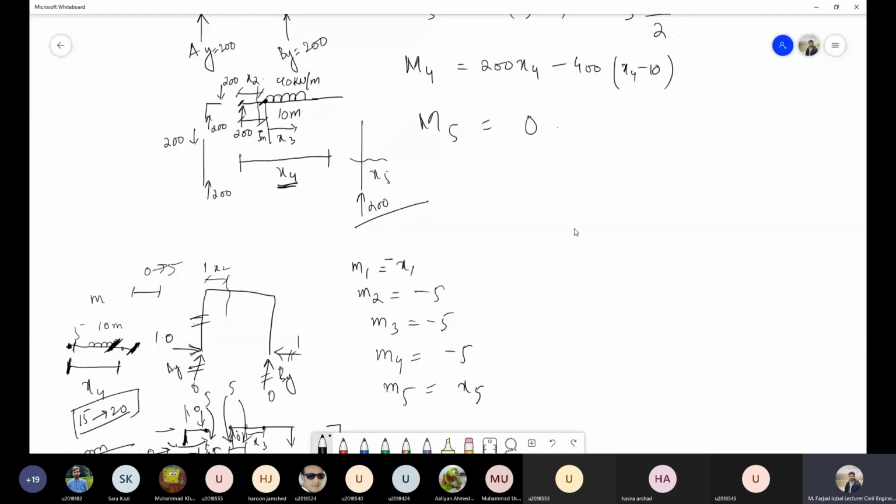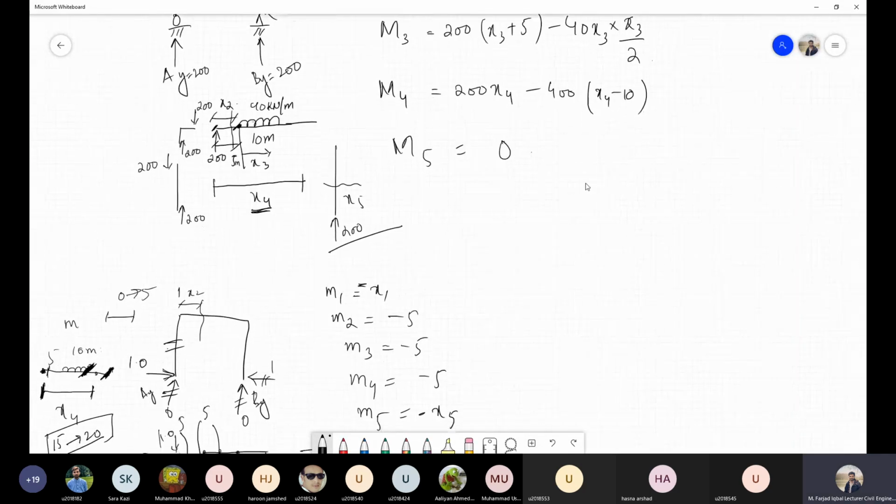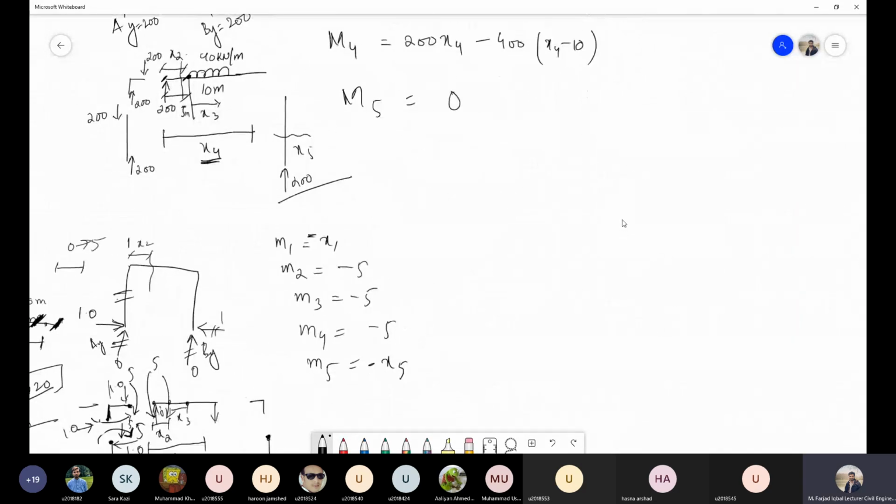Okay, let's take it as minus, because both of these are producing negative. So now we need to figure out delta A. So what will be that?